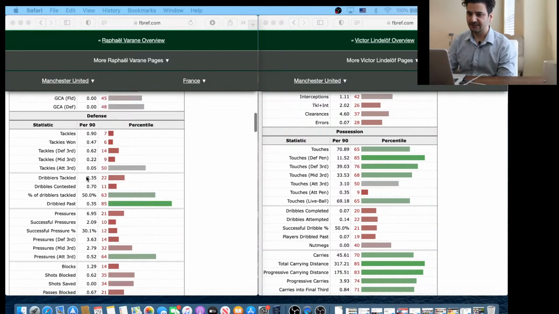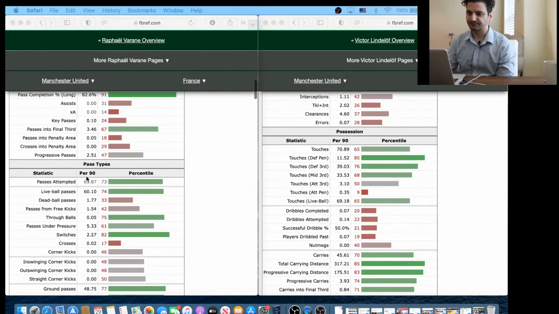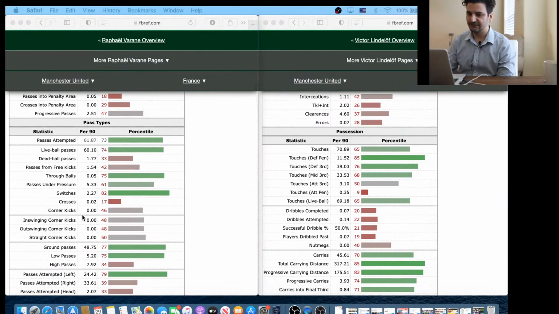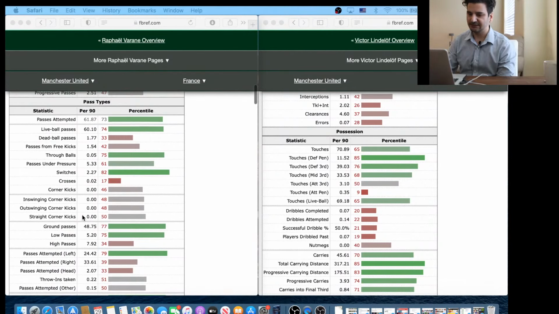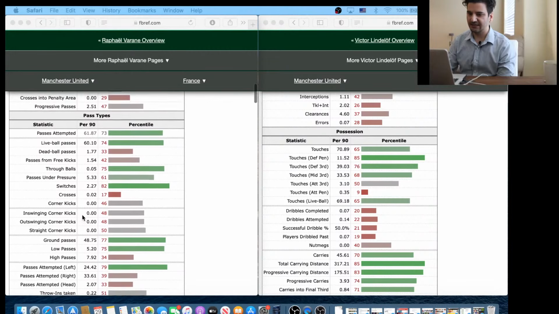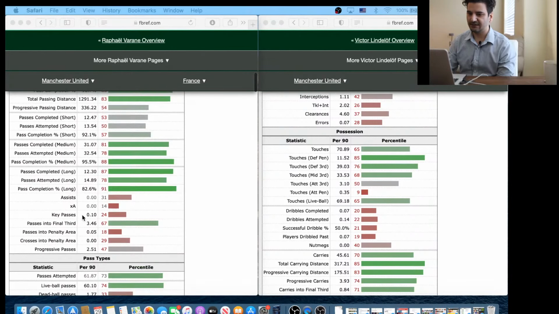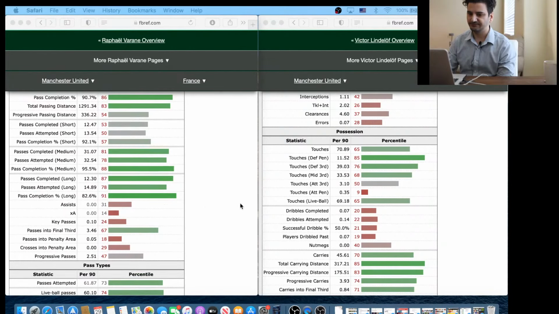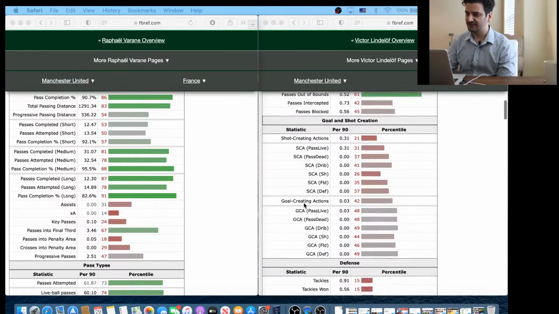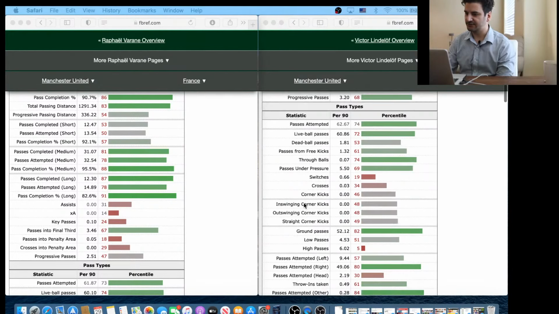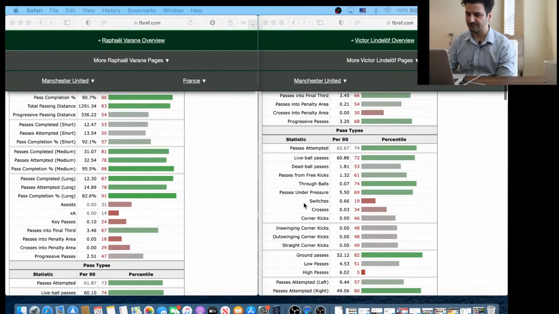So let's have a look at passes forward, and I think that will be interesting. Not only interesting, essential in order to gauge what type of player we got.